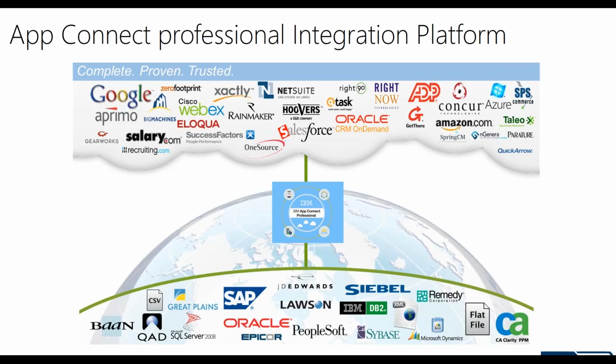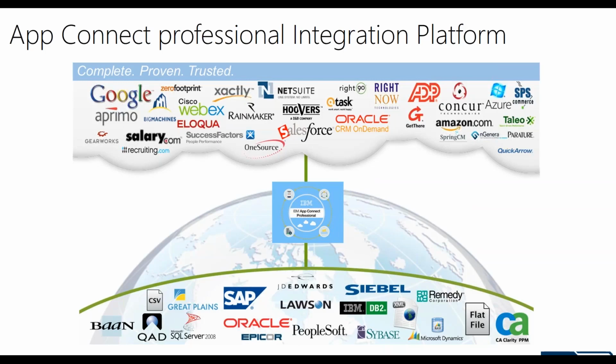If you look at this particular slide, you see all these on-premise solutions which are available in the market, like SAP, Oracle, Epicor, PeopleSoft, and on the top you see all the cloud solutions like Salesforce, SuccessFactors.